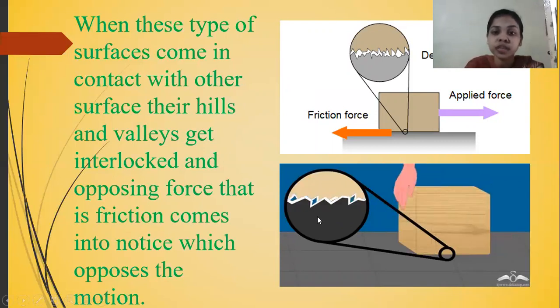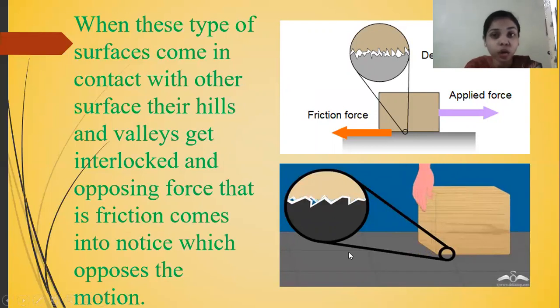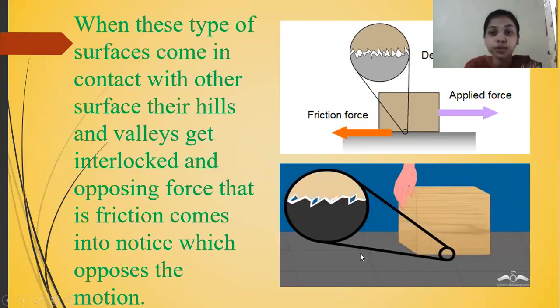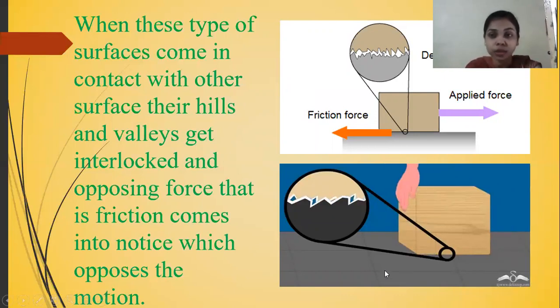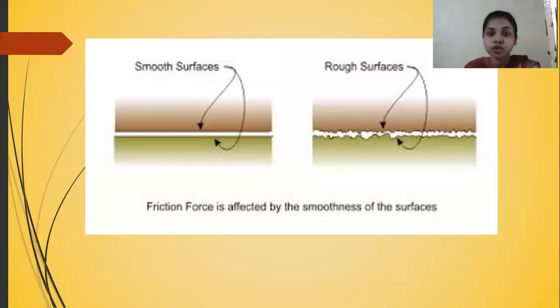Okay, so when they are interlocked with each other, at that time the frictional force acts on the surface. So this is the cause of friction. Interlocking is the cause of friction. Due to this interlocking, the object is not able to move forward or continue its motion. Okay, so these are the causes of friction.